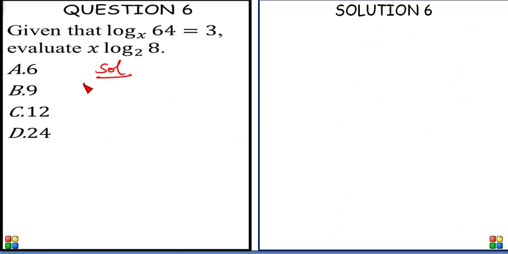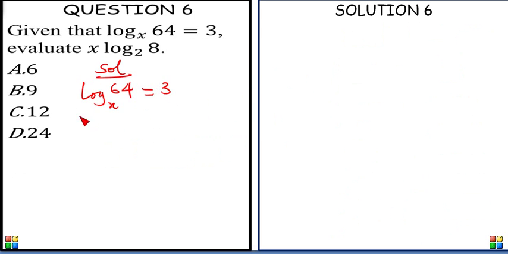Logarithm of 64 to base x is equal to 3. From here, we can decide to write this 3 in logarithmic form also, so that it also has base x. How are we going to do that?